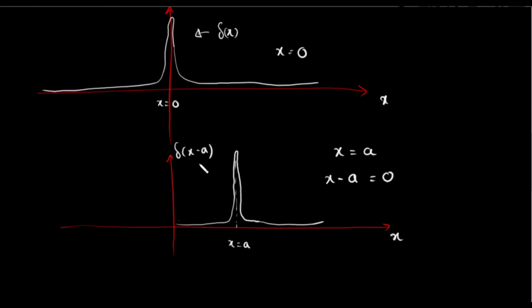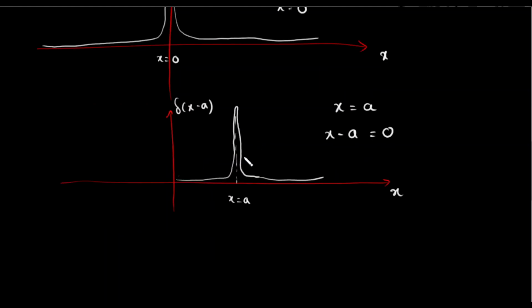So this is really important. You have a value for the delta function only when x equals a, and at the other points of x there is no value for the delta function. That means the delta function is 0 when x is not equal to a, and it has a value, which we define as infinity, when x equals a.